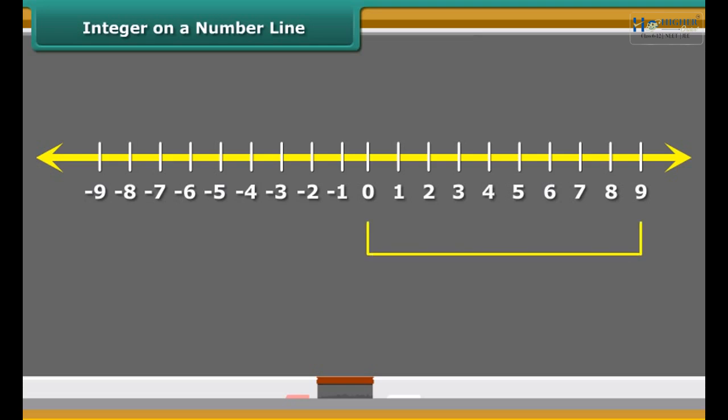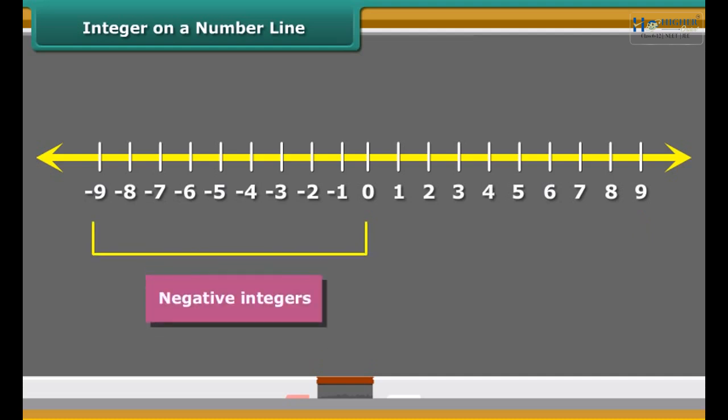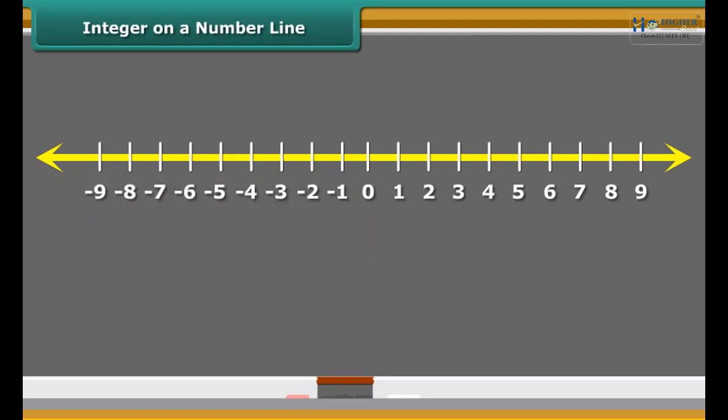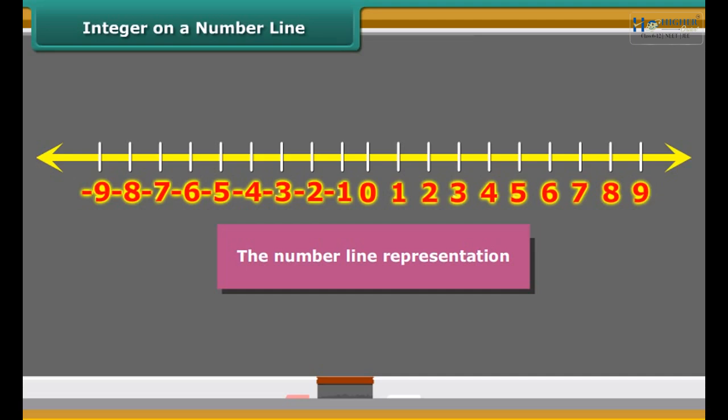Points to the right of 0 are positive integers. Points to the left of 0 are negative integers and are marked -1, -2, -3, and so on. This type of representation of integers is called the number line representation.